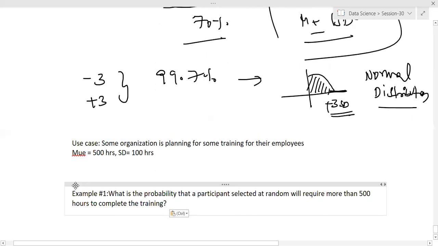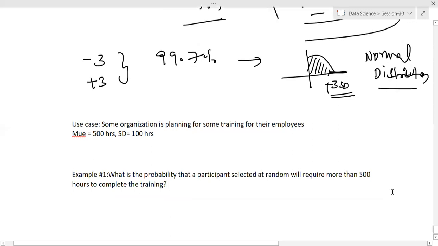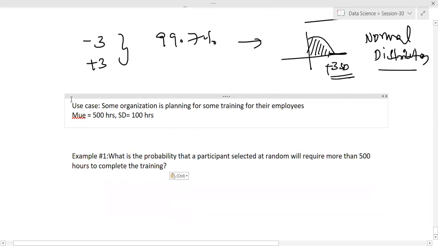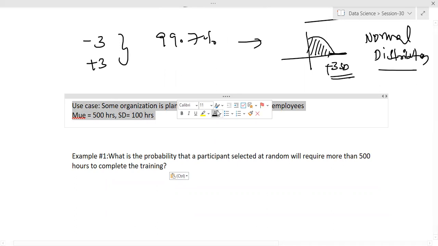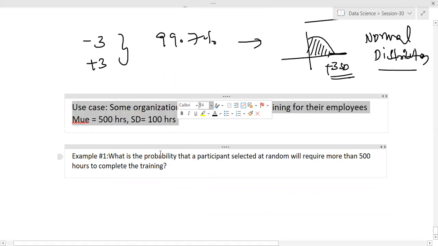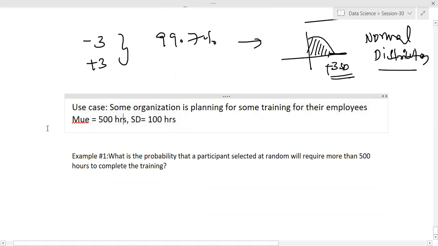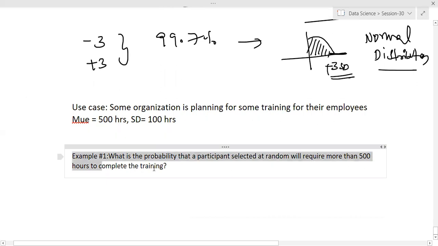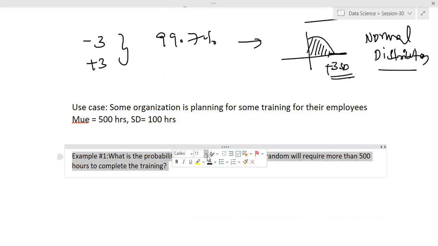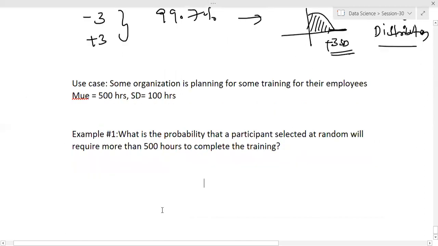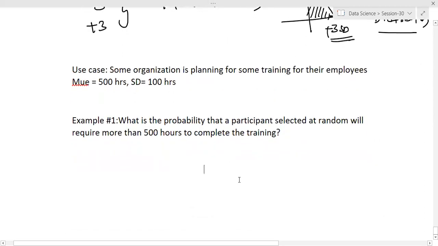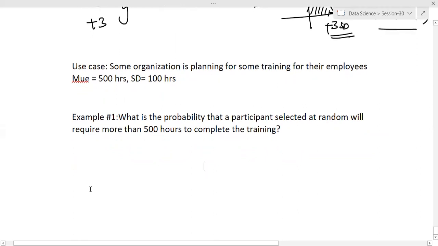Now observe the question I'm asking you. The use case is pretty simple. There is a training program the organization planned. What is the problem statement? What is the probability that a participant selected at random will require more than 500 hours to complete the training?